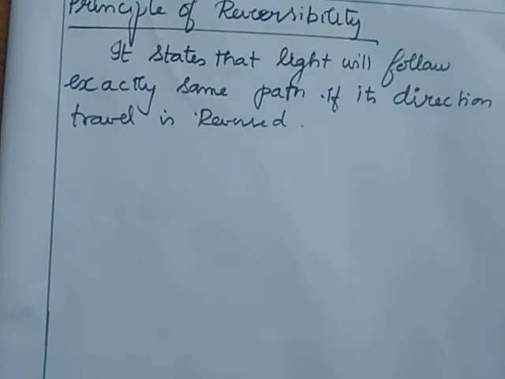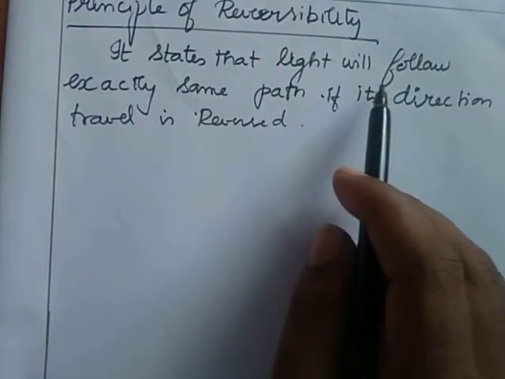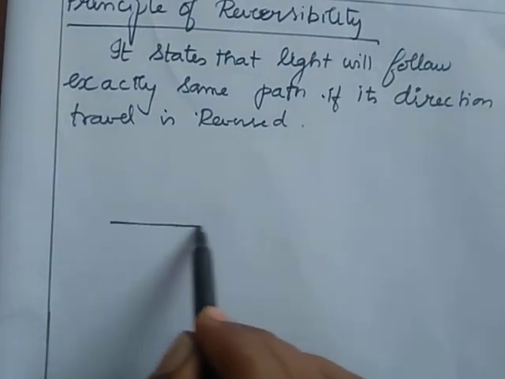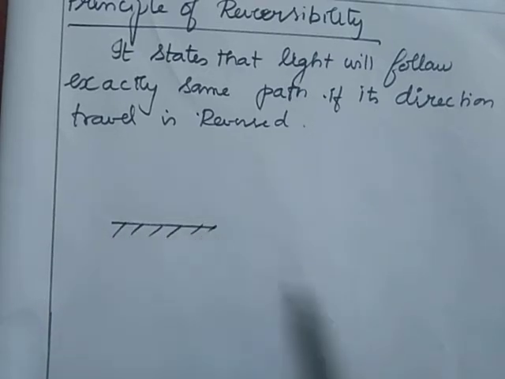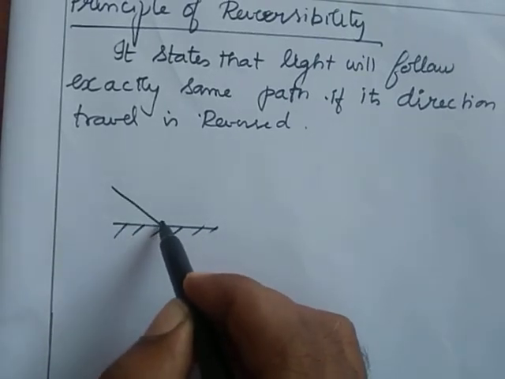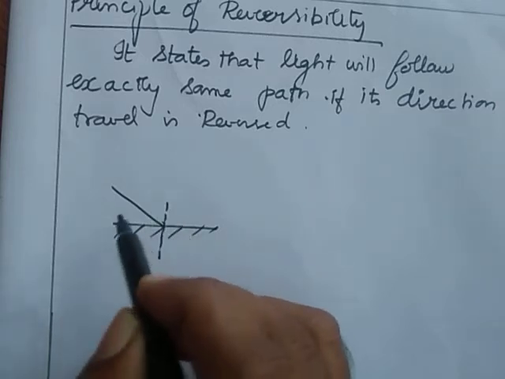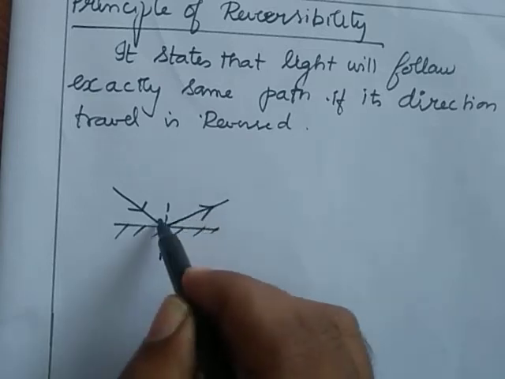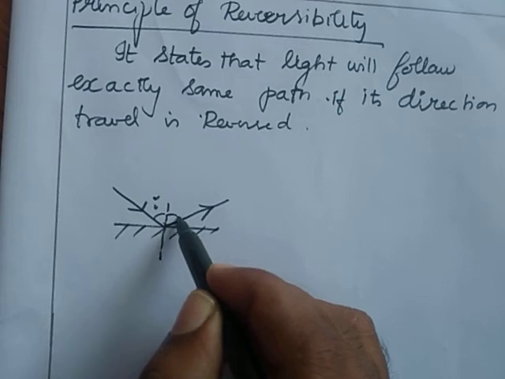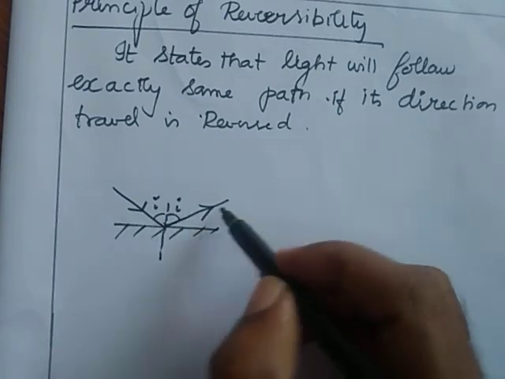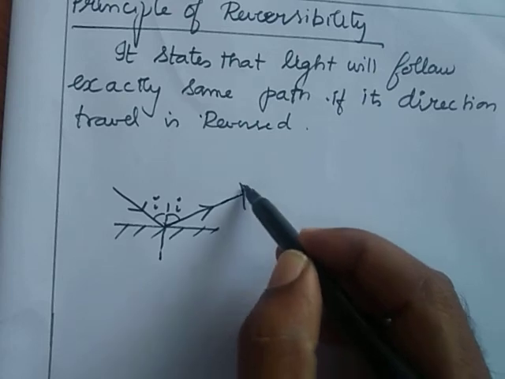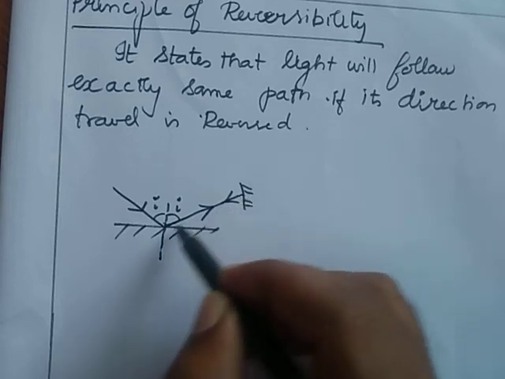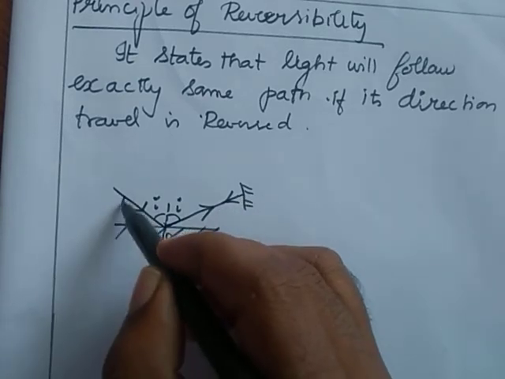Suppose I consider a reflecting surface. There is a ray that is incident on the reflecting surface. After that it will reflect, and its path will be here. This is the angle of incidence, this is the angle of reflection, that also i. At that reflected path I am placing a mirror, then the mirror reflects the reflected ray, then it will be incident on the point O and also it will reflect in this direction alone.